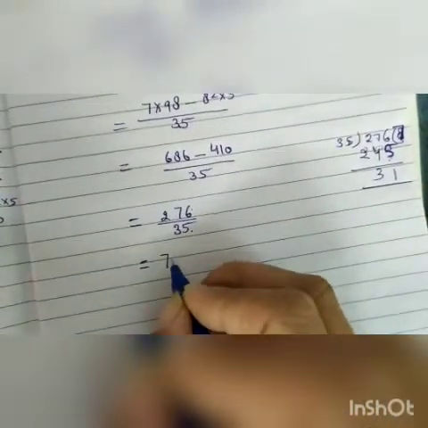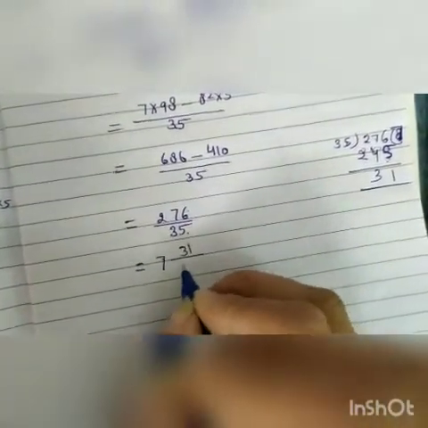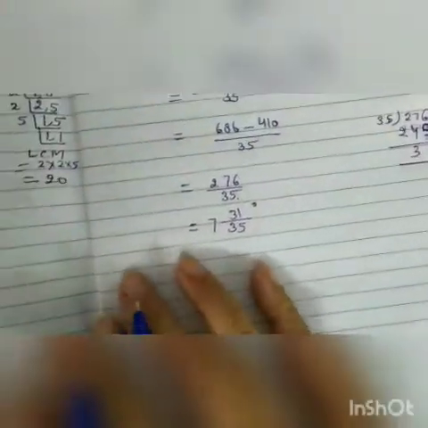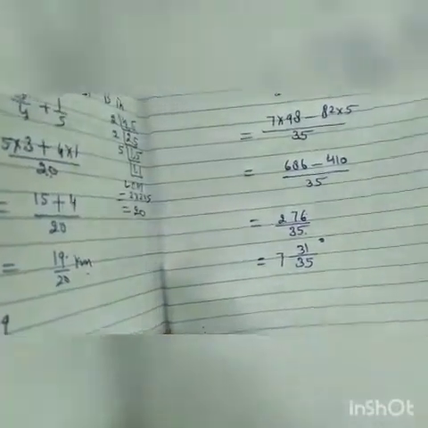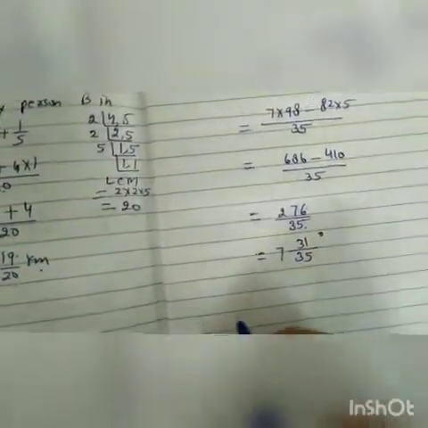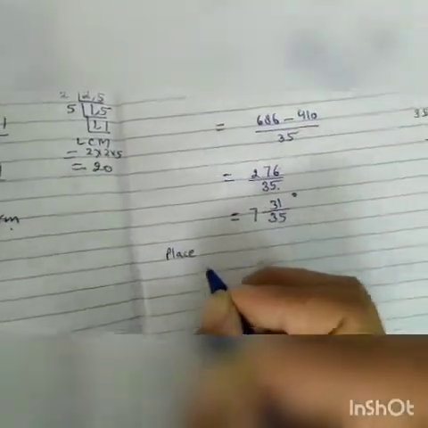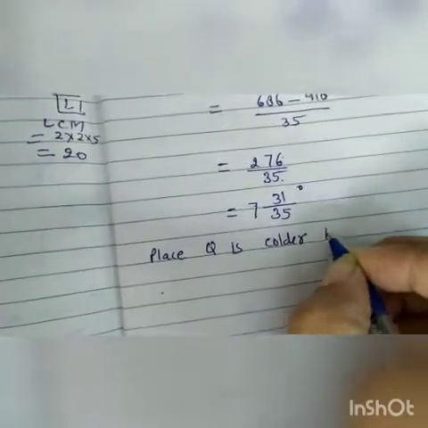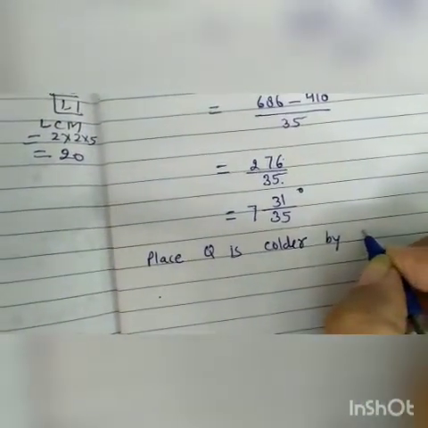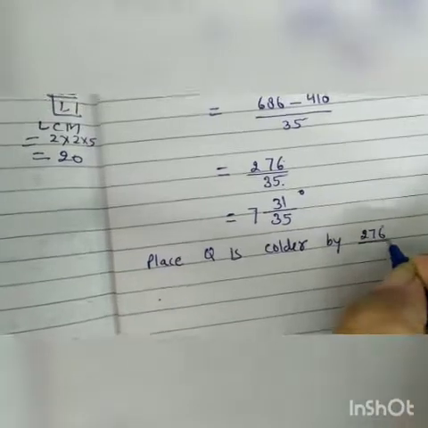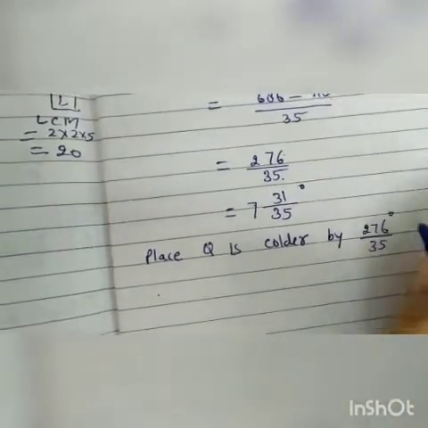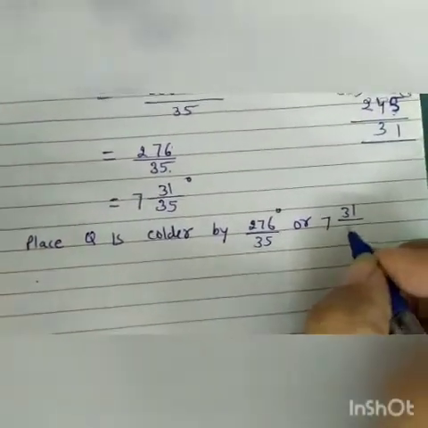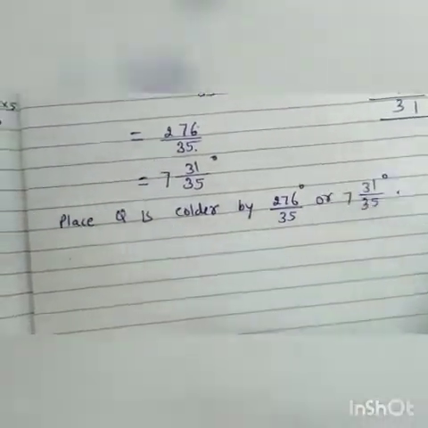It is equal 7 and 31/35 degree. So we can say that place Q is colder by 276/35 degree, or 7 and 31/35. Clear?